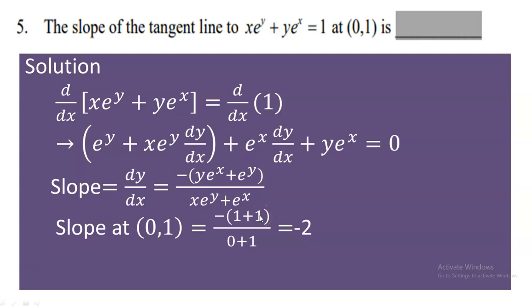Again this is x times e to the power of y, and your x is 0, so 0 times this is 0, plus e to the power of 0 is 1. What we need to adjust here is, look, your y is 1, so e to the power of 1 is going to be e.